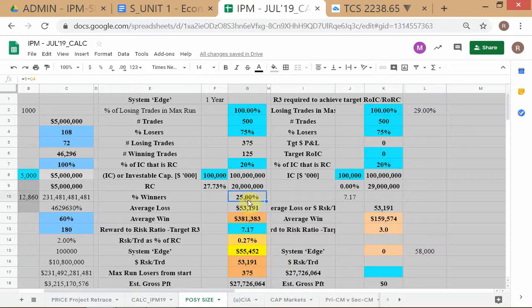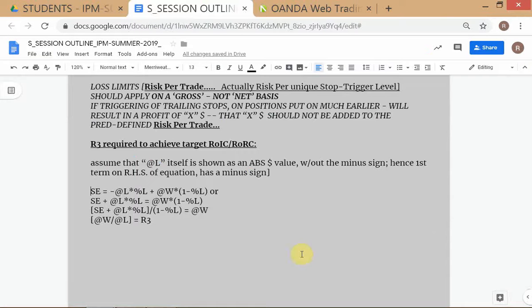We know the average loss because we have already computed it from this 53,000. What we don't know, out of the system edge, is only the average win.